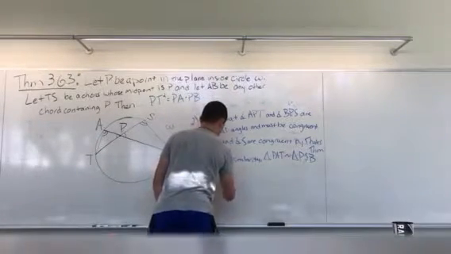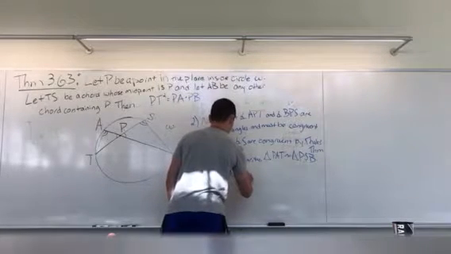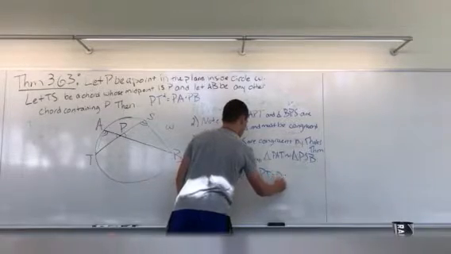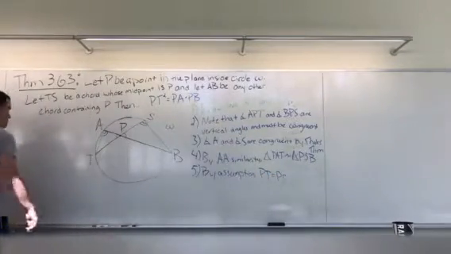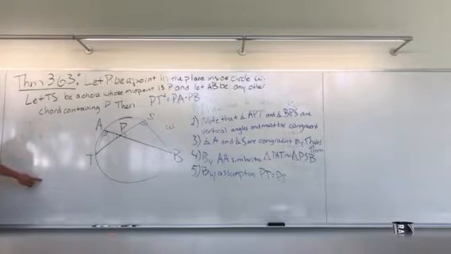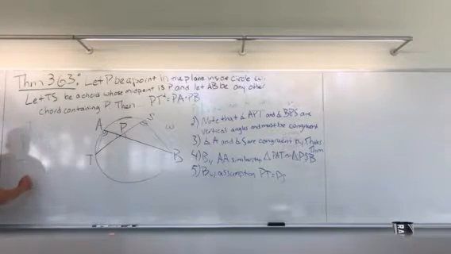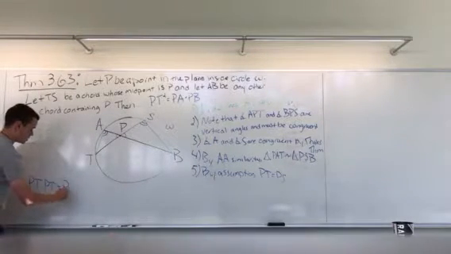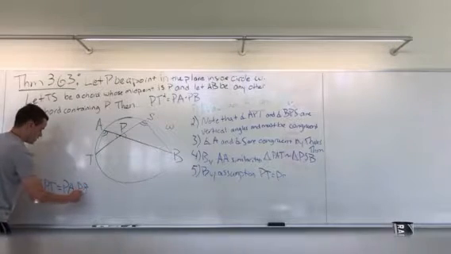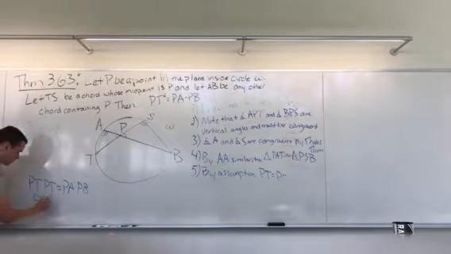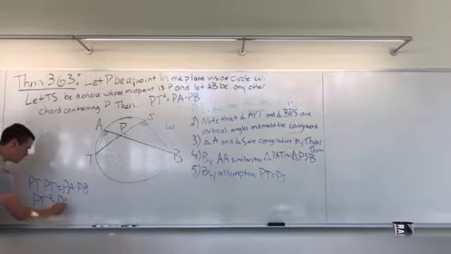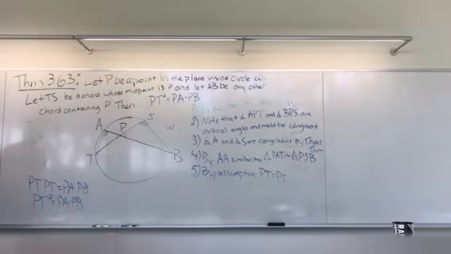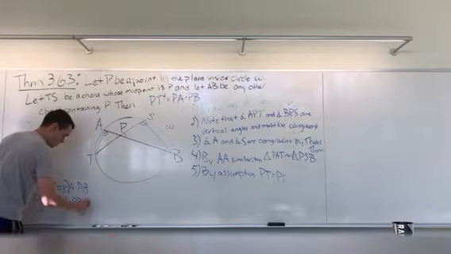By assumption, PT equals PS, allowing us to substitute here. Substitute PT for PS, giving us PT times PT equals PA times PB, or PT squared equals PA times PB. And that's all she wrote.